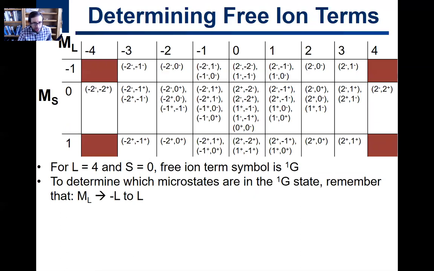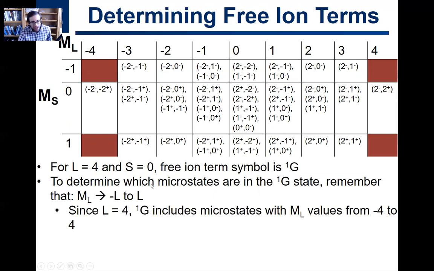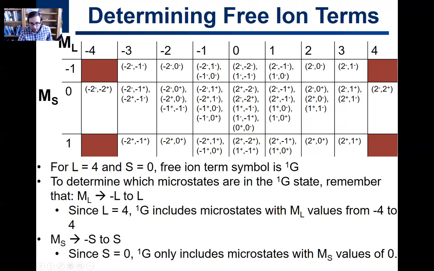All right. Now, we have to determine what microstates are embodied in this singlet G free ion term, or this singlet G electronic state. Remember that M sub L ranges from negative L to L. So L equals 4. So singlet G is going to include microstates with M sub L values from negative 4 to 4. M sub S, similarly, can range from negative S to S. Well, S equals 0 here, right?